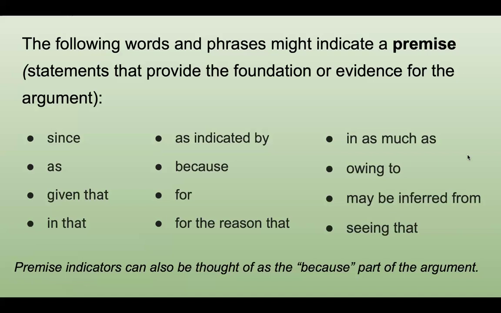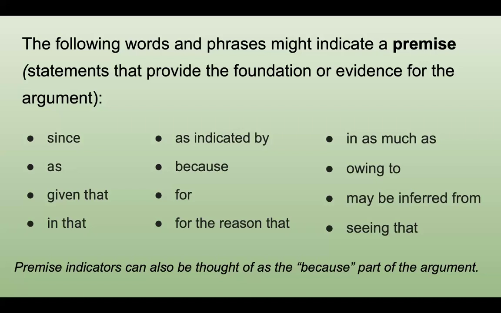So you can think of premises as the statements that provide the foundation or the evidence for the argument. This list right here is clues that are going to tell you that maybe that's an argument premise. Another way to think about these words is that they're basically a synonym for because, right?